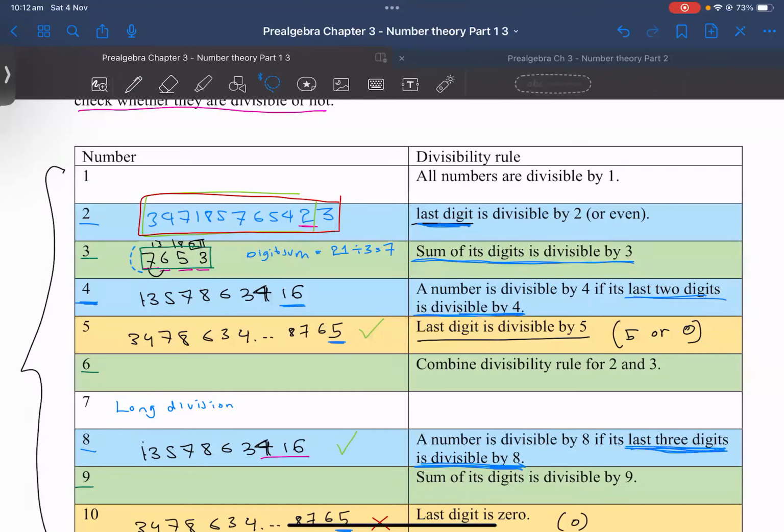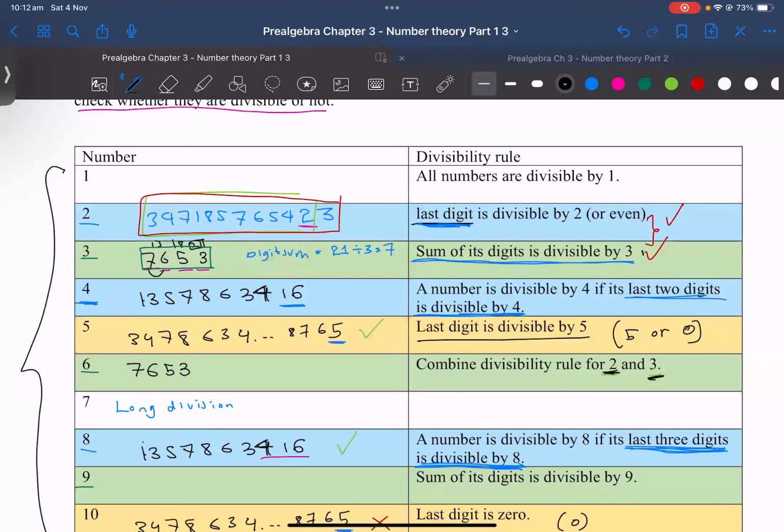Very good. Now for 6, the divisibility rule for 6 is where you combine the divisibility rules for 2 and 3 together. So you check if the sum of the digits is divisible by 3, but then you also check if it's even. Check both of these together. Coming back to the same number, 7653, is this divisible by 6?